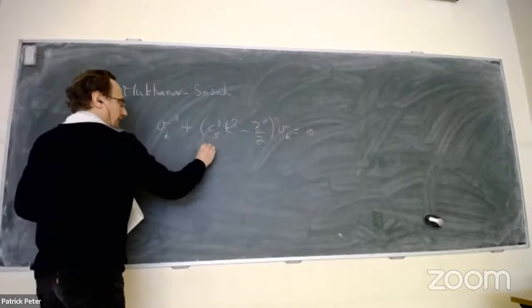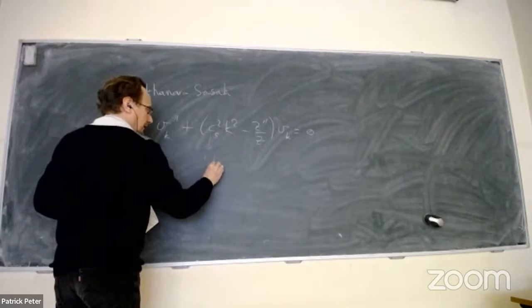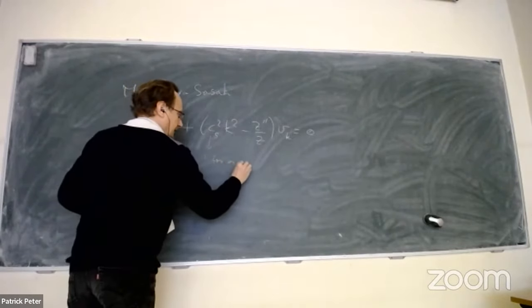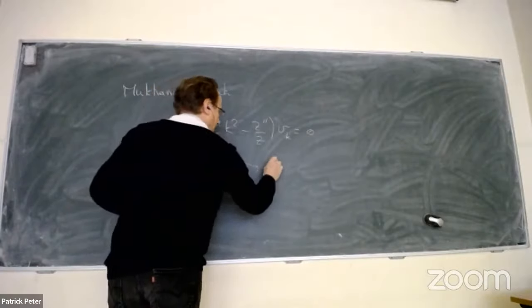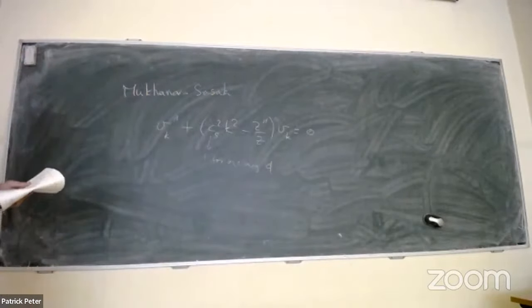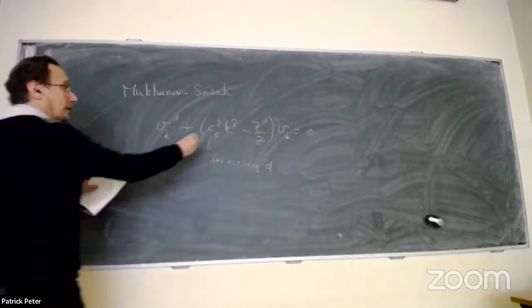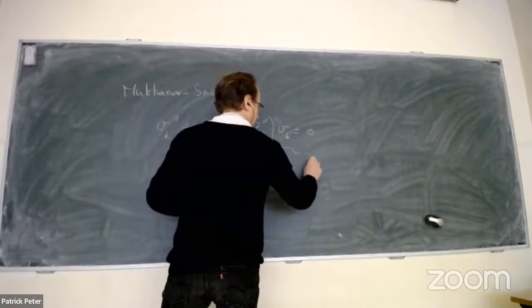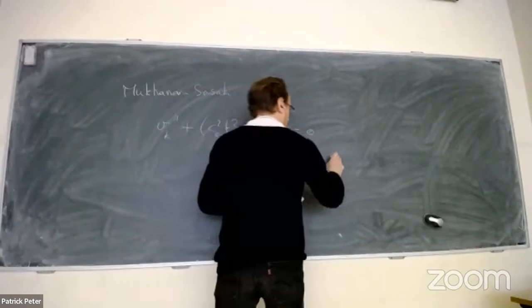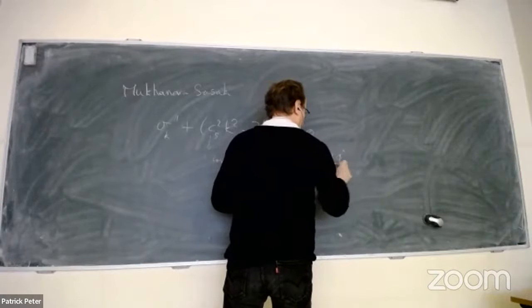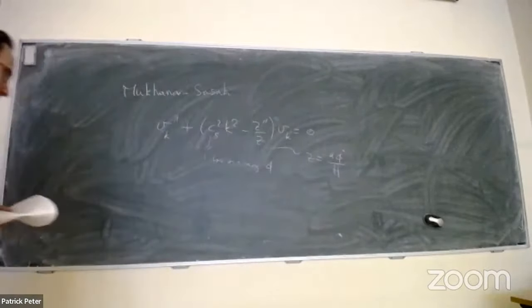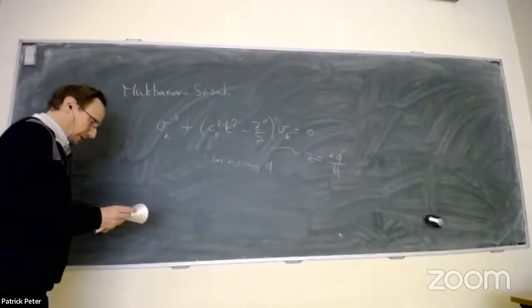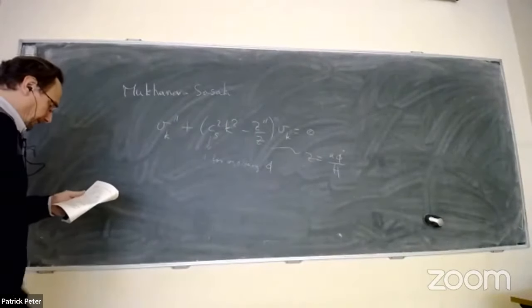And this c_s^2 is 1 for an ordinary scalar field, but it can be different if it's not an ordinary scalar field. And z equals a phi dot over H, which is referring to what you were saying the other day, that it has this rho plus p possibly going to infinity here.